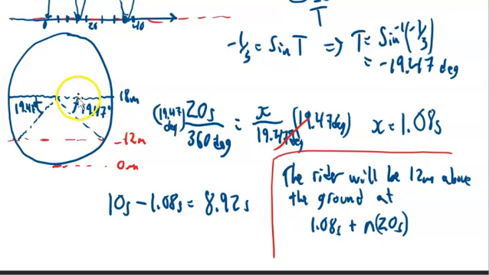When n is 0, they haven't made any revolutions, so it'll just be 1.08 seconds. If the rider's gone around once, it'll be 20 seconds to go around, plus another 1.08 seconds. And then we can do the same thing: 8.92 seconds plus n times 20 seconds to capture every revolution right here.